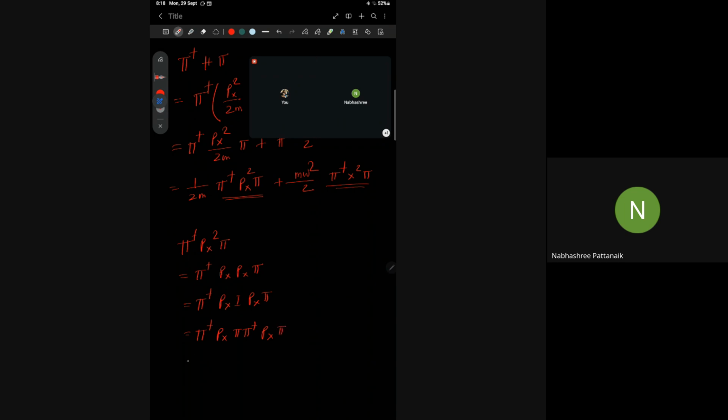So this is equal to pi dagger p_x pi into pi dagger p_x pi, right? So this is equal to minus p_x into minus p_x, which is equal to p_x square.